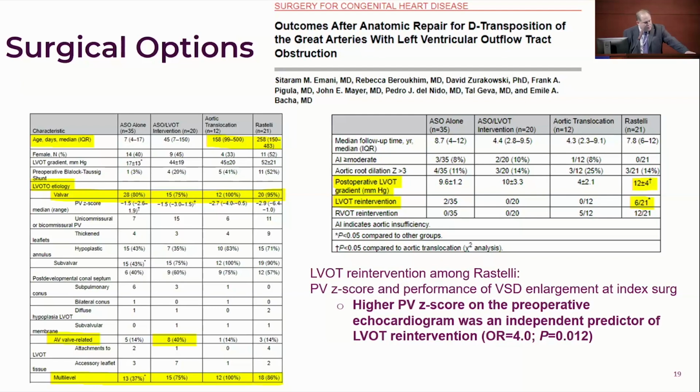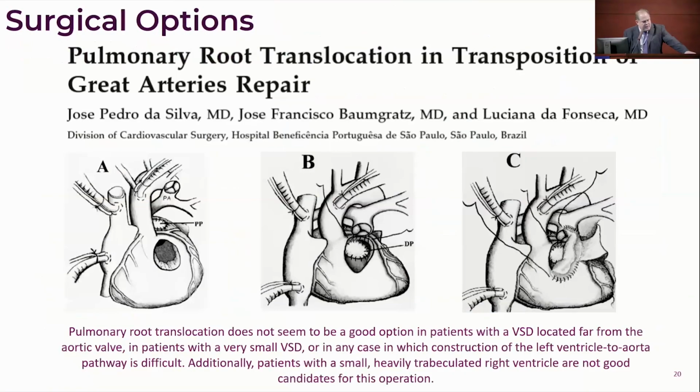That is the most important point. It's always in consideration that if the pulmonary valve is small preoperatively, you consider a Rastelli or a Cairo procedure.